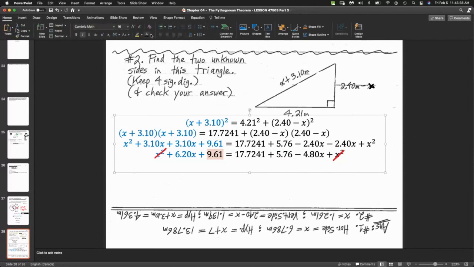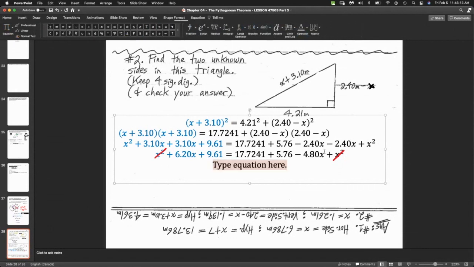That's okay. So we need to get the x's on one side. So we'll put 6.20x plus 4.80x equals the other stuff. So what I did was any term that had an x, I brought it to this side.